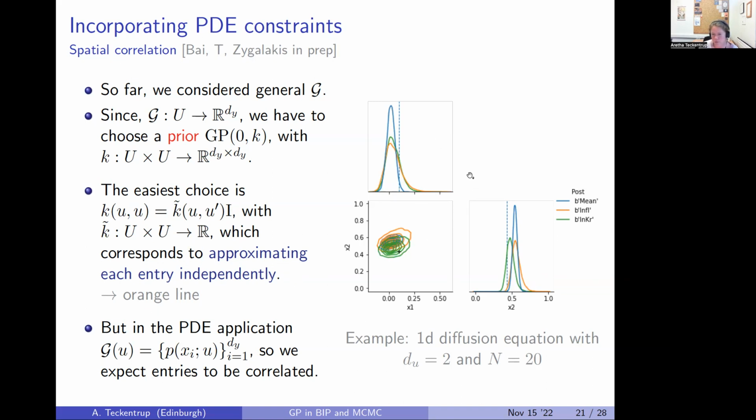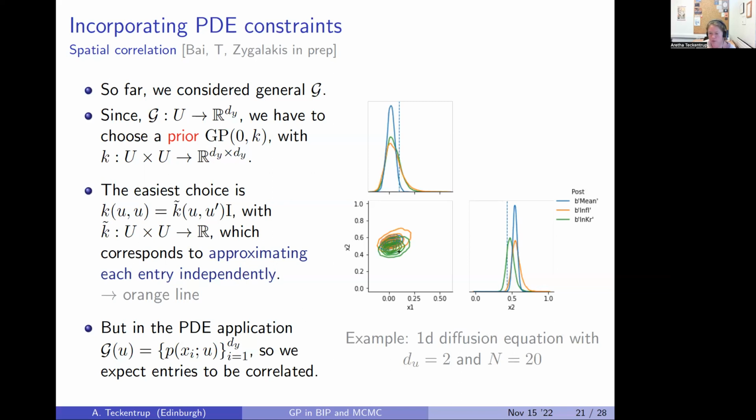This is exactly the same figure, where the blue line was the mean-based approximation, and the orange and the green line were two marginal approximations. For the orange line, we have just emulated all of the entries independently, so we haven't used that the entries of G are correlated. In the green line, we have.